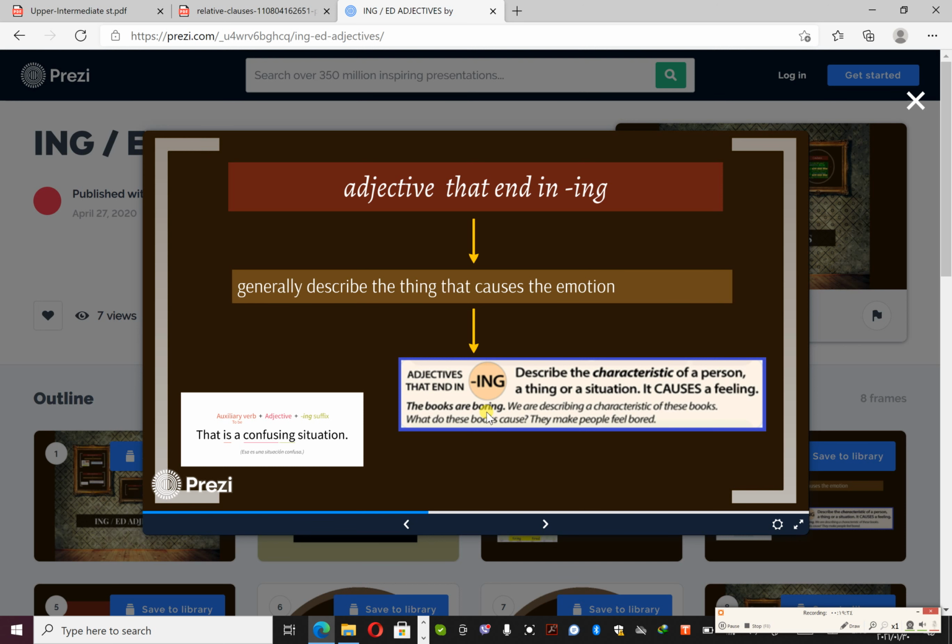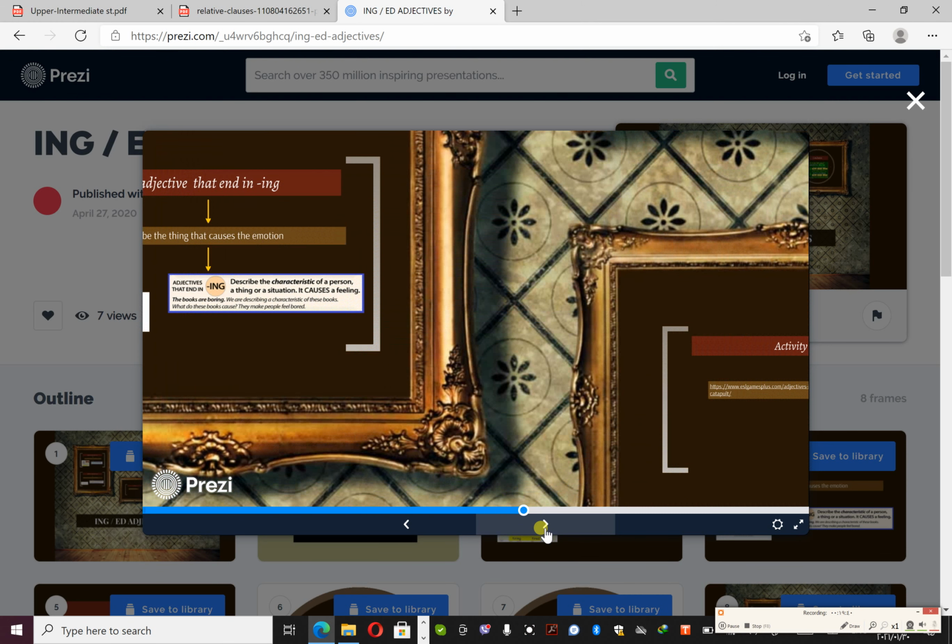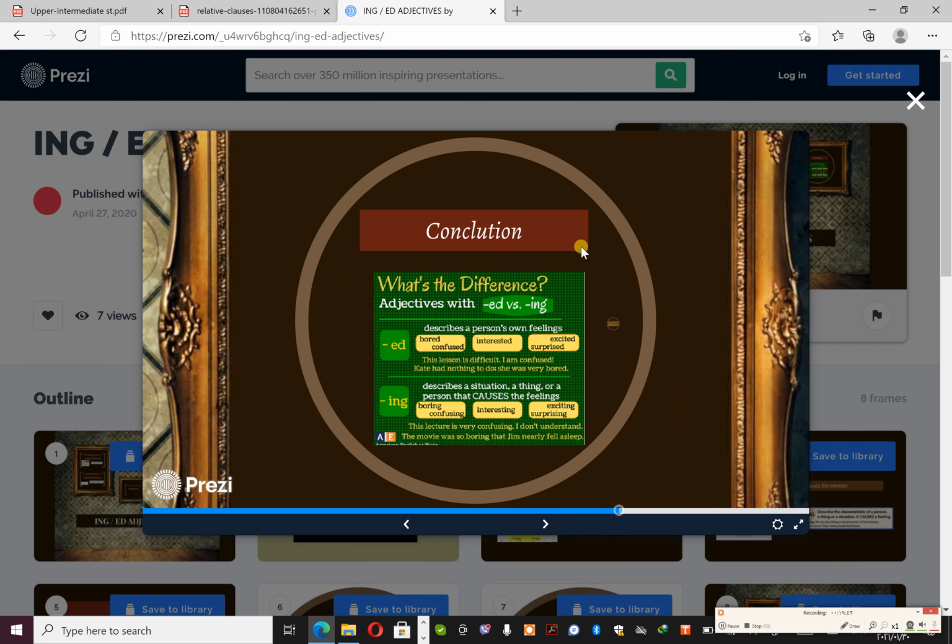Let's make a summary here to arrive at a conclusion. Basically, when we use adjectives that have -ed, they describe a person's feeling, how he or she feels about something, the emotion. While if I use -ing, it describes the characteristic of the thing, the thing that causes this feeling: boring, confusing, interesting, excited, surprising.